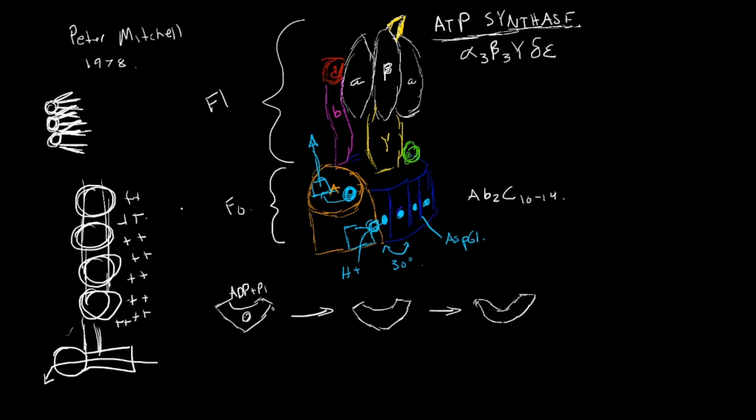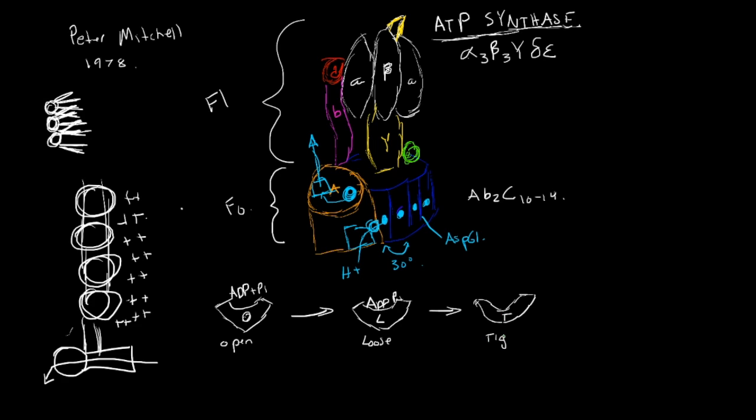The gamma will rotate, and the beta will change into another conformation that is called loose. So this is open, and this is loose. So this will shift to hold the ADP and the phosphate in place. So now they are stuck down here. They're stuck in this loose conformation to the beta subunit. The third and final conformation is called tight.